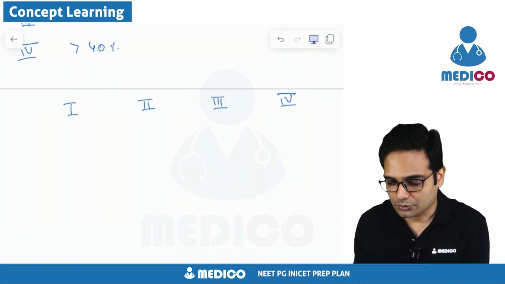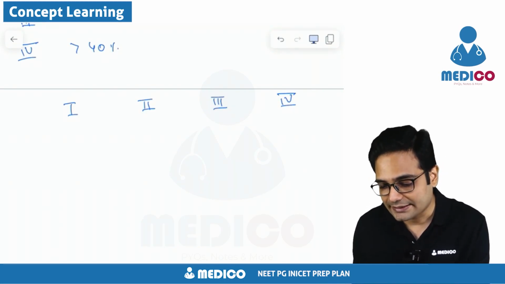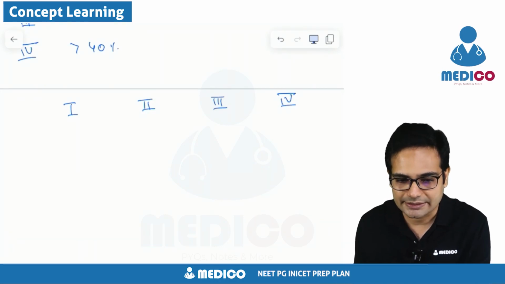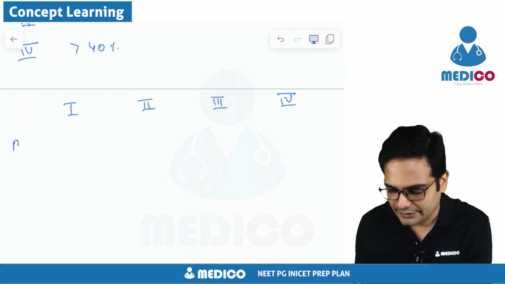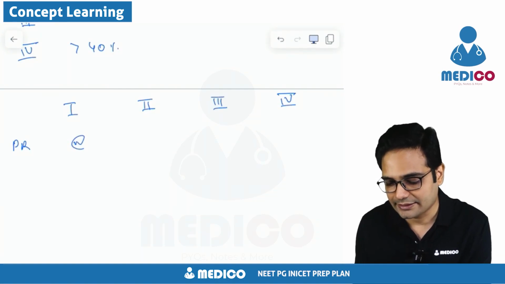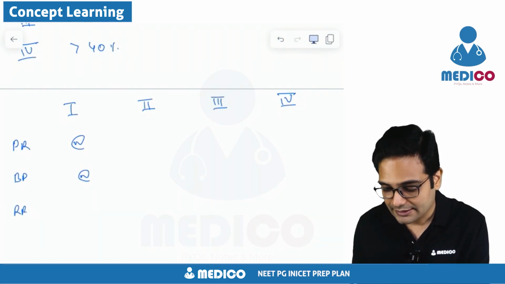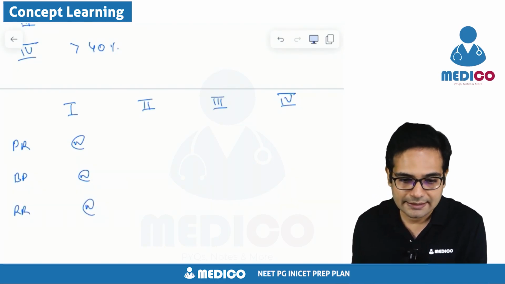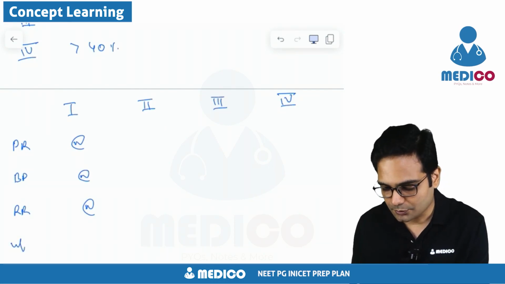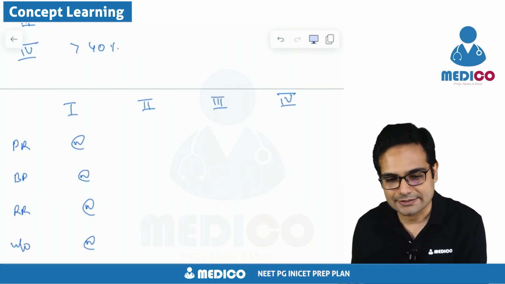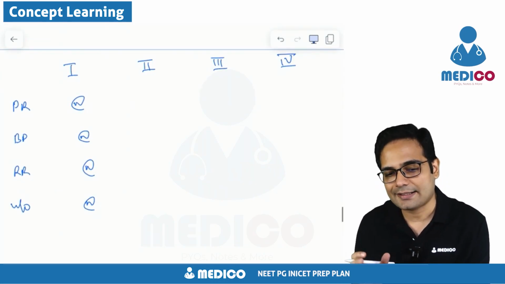So now what are the changes that happen in grade 1, 2, 3 and 4? So the pulse rate is normal in grade 1. The blood pressure is also normal in grade 1. The respiratory rate is also normal, that is there is no tachycardia. The urine output is also normal, that does not decrease. So now what actually happens?